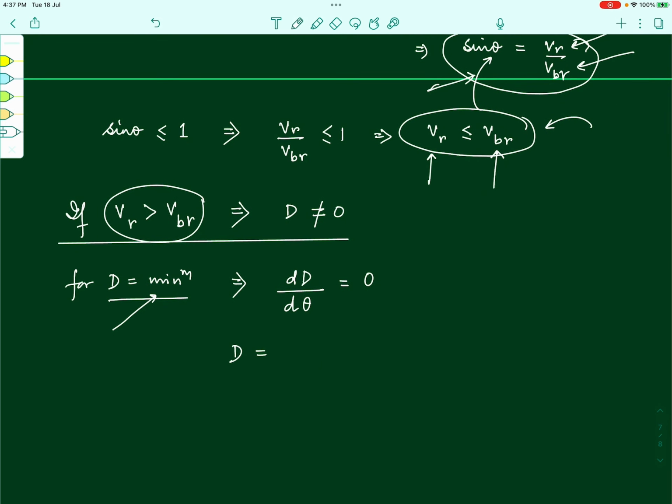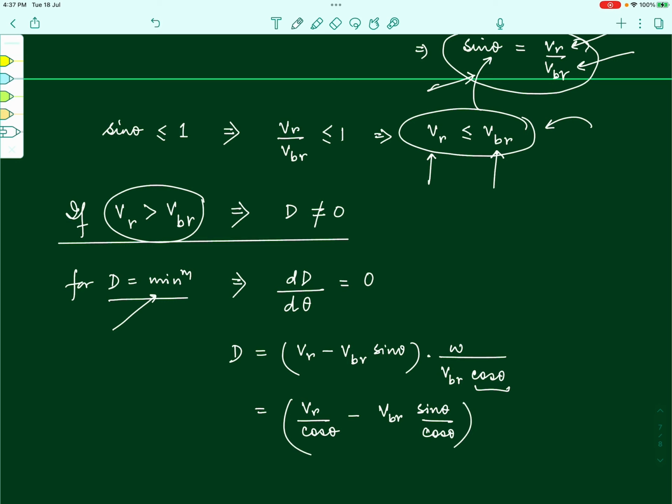D, as we have calculated, was VR minus VBR sin theta, which was the boat's velocity along the flow of the river, into the time in which the boat crosses the river, which was W by VBR cos theta. Let us take this cos theta inside the bracket, so that we get VR by cos theta minus VBR into sin theta by cos theta.